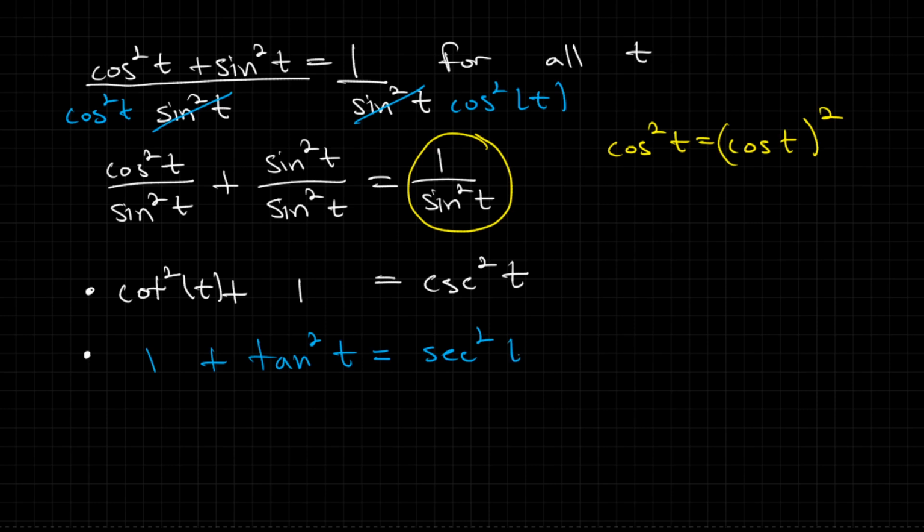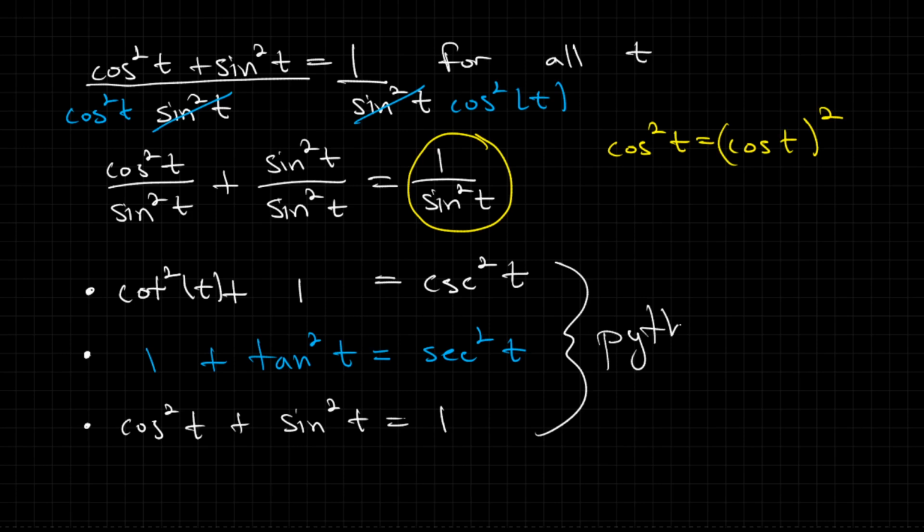I'll let you run through the details if you'd like, or consult the textbook for the details if you'd like to see them. And for completeness, I'm going to put the original Pythagorean identity here, cosine squared t plus sine squared t equals 1. These three are all called the Pythagorean identity.